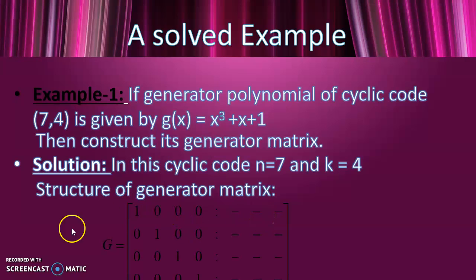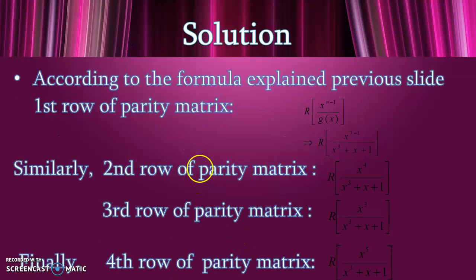The form of identity matrix is all known to us. So this is the form. But we have to calculate the parity matrix here. For that, we consider the following formula. First, for the first row of parity matrix, the formula will be x to the power n minus 1 divided by g(x), and the remainder part will be calculated here.